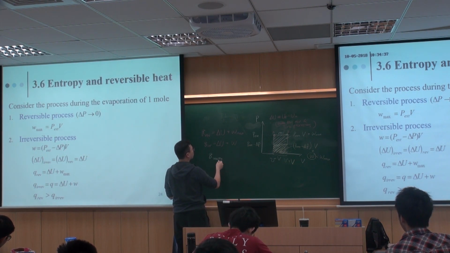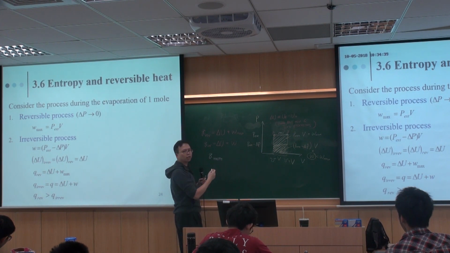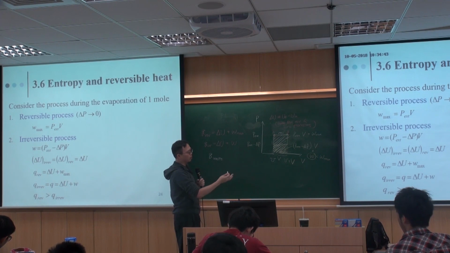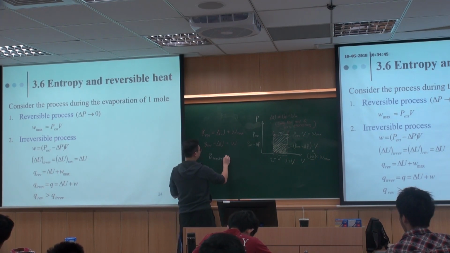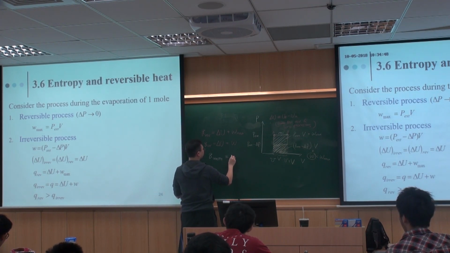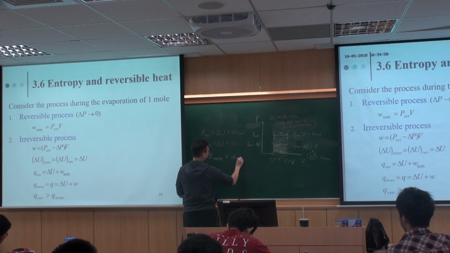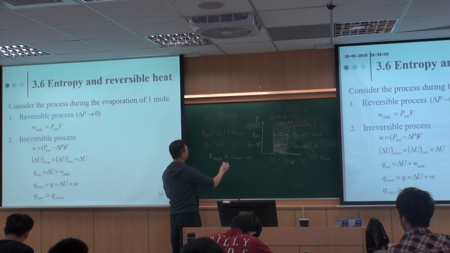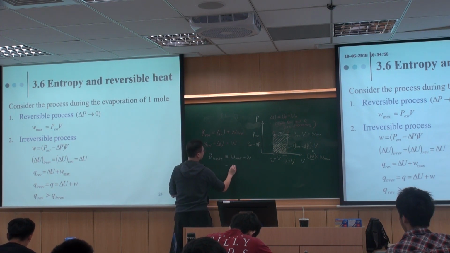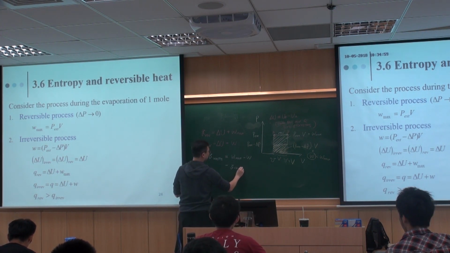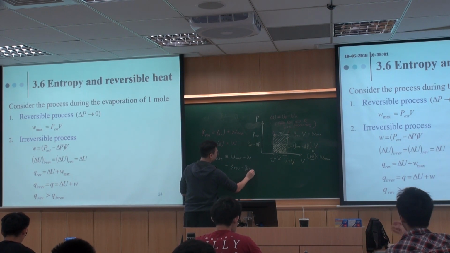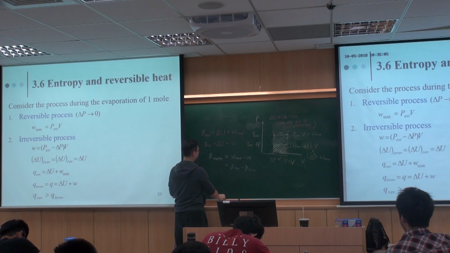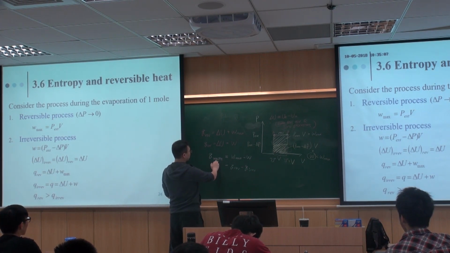This is not in the textbook, but this is what I typically will use to think about this paragraph. And if you define Q waste as, say, W max minus W, then you know that this is the difference between Q reverse and Q irreversible, right? And what is Q waste?